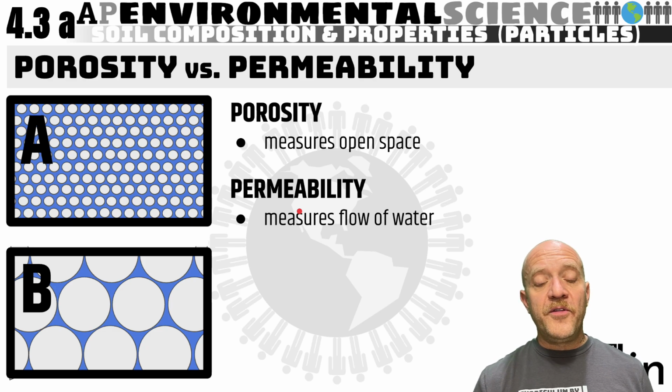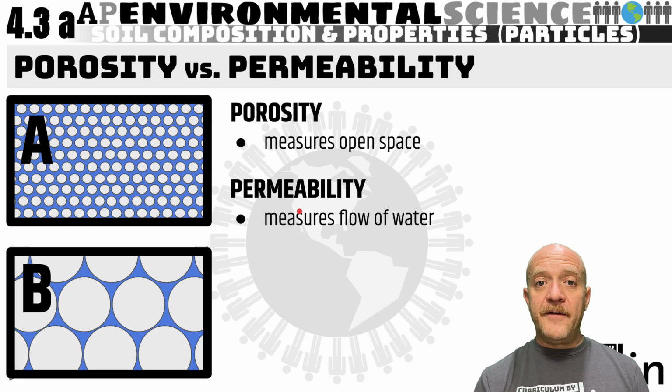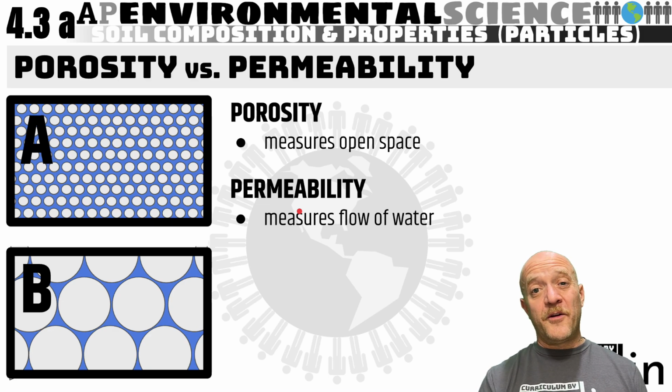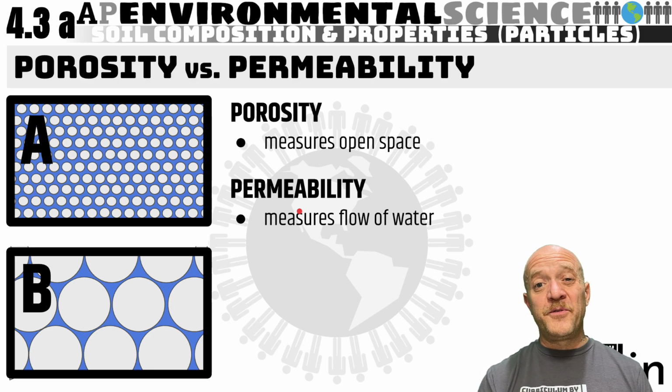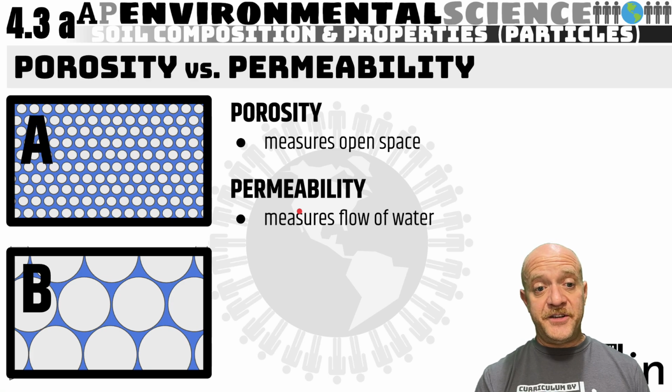Because it is so small, the water is going to be held to these clay particles. So water does not readily flow through clay. If you have too much clay in your soil, you will have too much water holding capacity, and the water will not be able to flow through the soil. The soil may become waterlogged and your plants may die because the roots do not have access to oxygen.